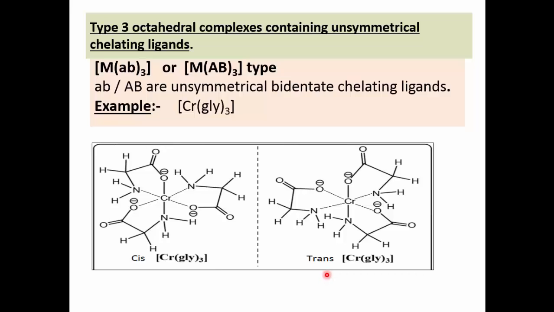So this is about the geometrical isomerism in 4 and 6 coordination number. In the next lecture we are going to discuss the optical isomerism in coordination number 4 and 6 complexes. Thank you.